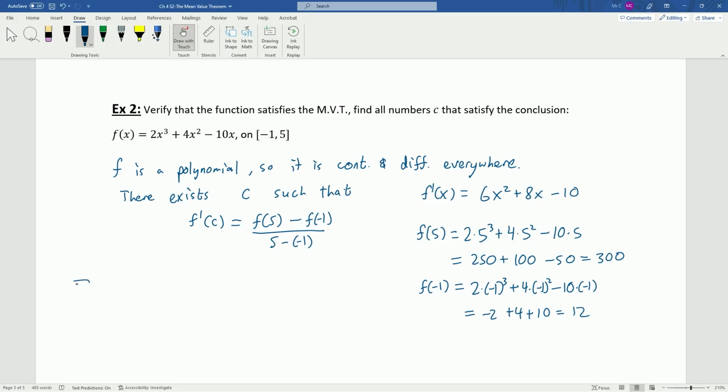Okay, so in other words, once we plug this stuff in, f prime of c, just replace c in my formula here, 6c squared plus 8c minus 10. And then we get 300 minus 12 divided by 6. All right, this gives us 6c squared plus 8c minus 10 equals 288 over 6.